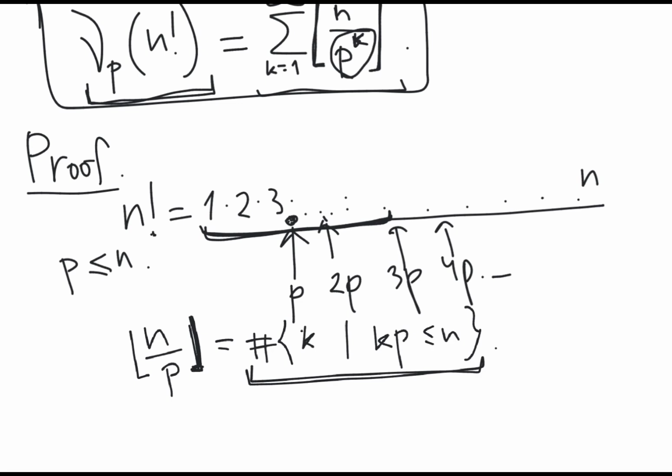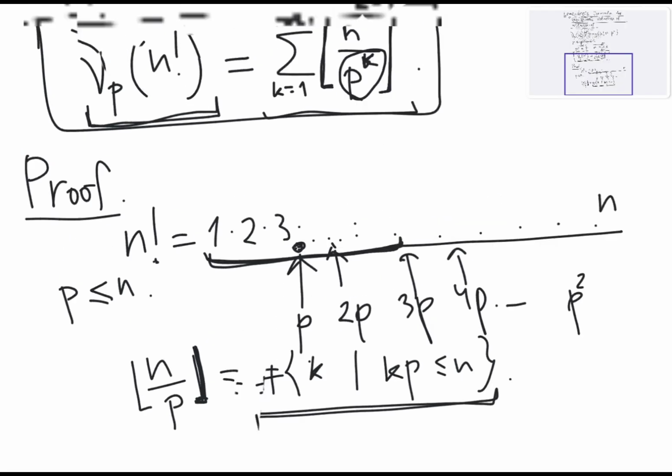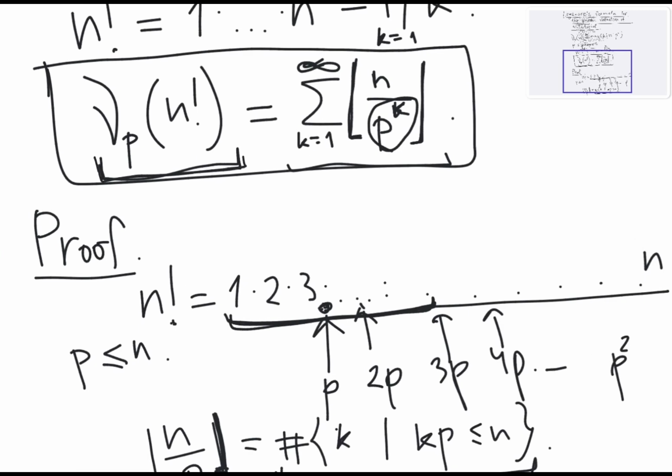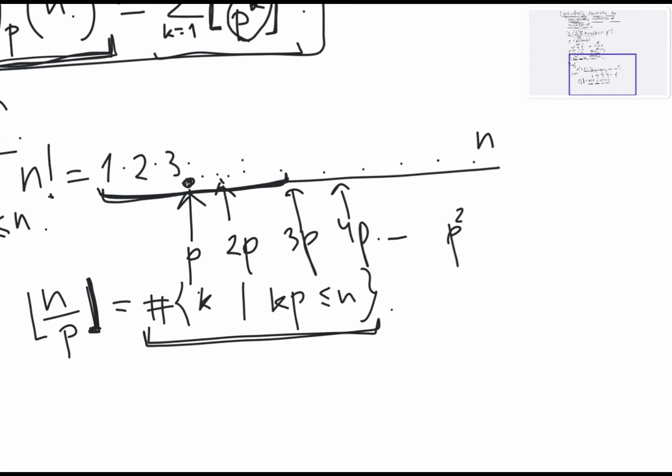Apart from these numbers, there is also p squared somewhere here. p squared contributes not 1 but 2 to this p-adic valuation, because p squared is p by p.